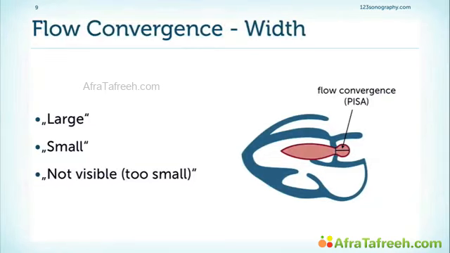Another way of looking at the jet is by looking at the flow convergence zone. The flow convergence zone is large if the patient has severe aortic regurgitation, and it's small or not visible if regurgitation is mild. It is very difficult to really measure the flow convergence zone, but nevertheless you can look at it on a semi-quantitative basis.